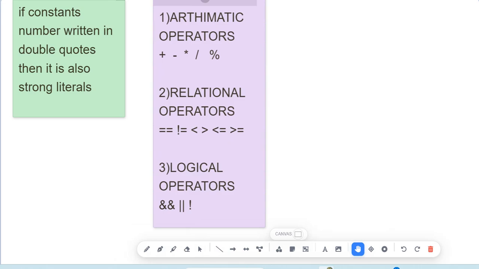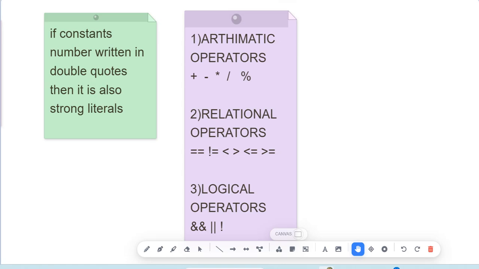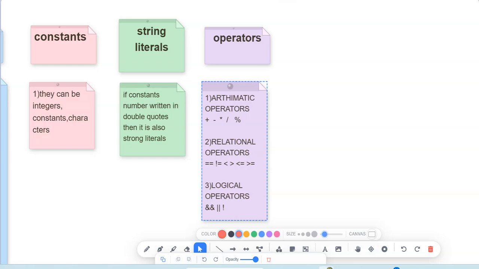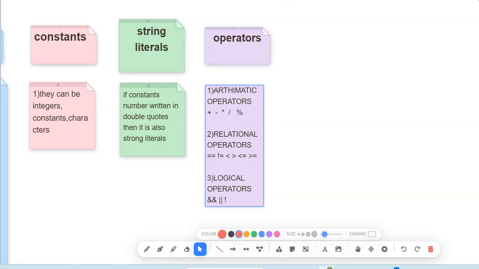As of now, I'm not going into brief detail. Once you note the information, these are considered as arithmetic operators, whereas these are considered as relational operators: double equals to, not equals to, less than, greater than, less than or equals to, greater than or equals to. I think you might have some doubt, so let me give some more space so that you won't be confused.